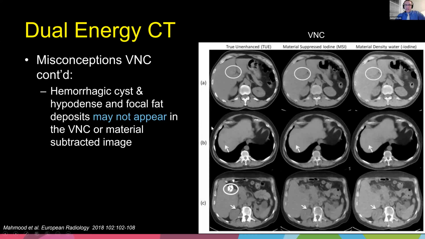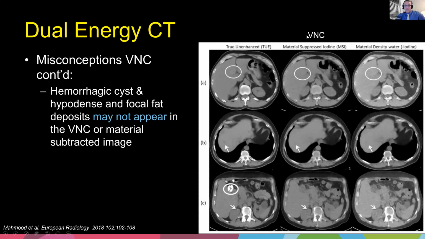So in this case, they looked at a couple of different things. Hemorrhagic cysts down here at the bottom, hypodense lesions, and then focal fat in the liver. What you see in the true unenhanced is the cyst, the hypodense lesion and the focal fat.